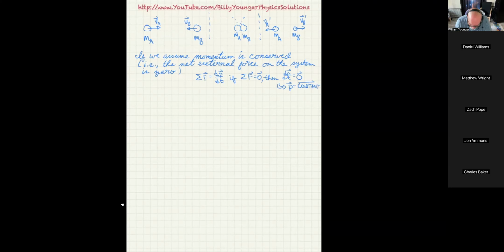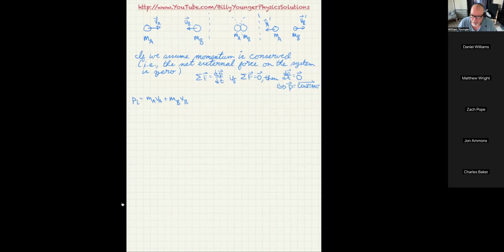So, with that in mind, what we're going to do is say MA VA plus MB VB. This is P initial. Okay. And again, I'm sort of leaving off the vector symbols because it's one dimensional.